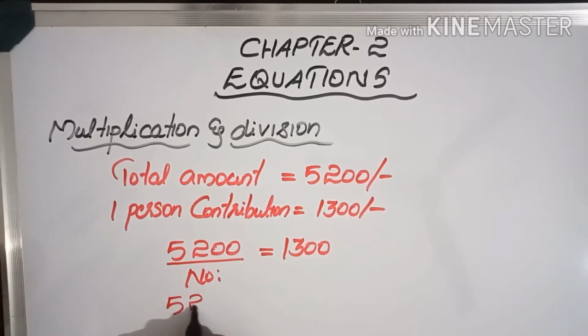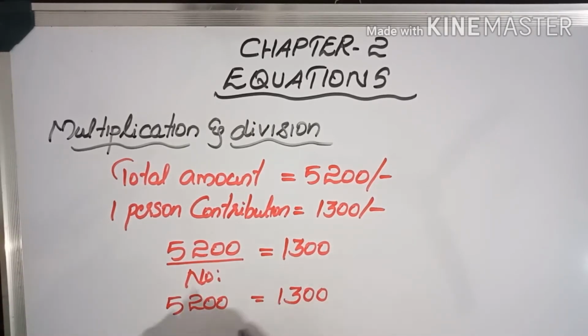So 5,200. We are taking the divided by number to this side. Already 1,300 is here. So divide comes to this side and becomes multiply: multiplication by the number of persons. Now in order to find the number of persons, we want only the number of persons here.